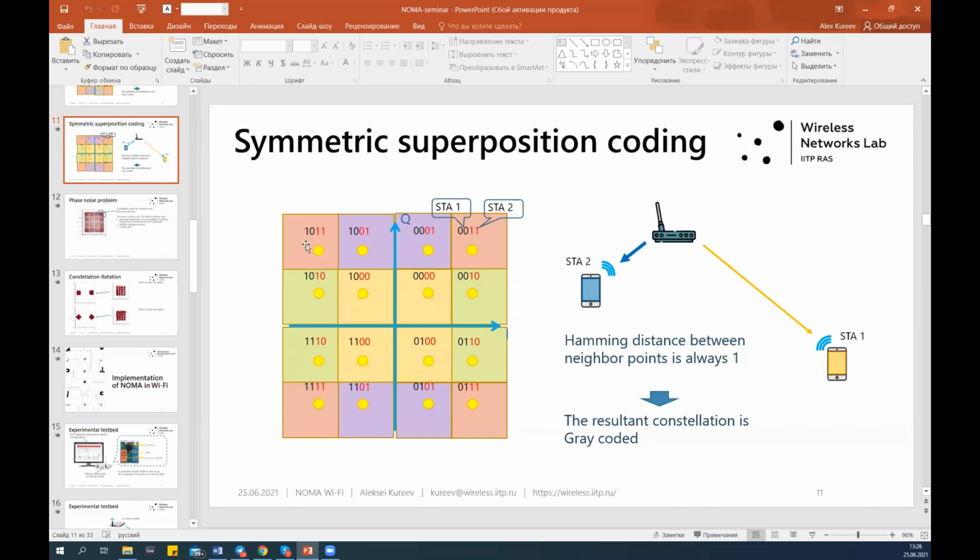Parallel constellation demapping works in the same way, but the idea is to construct this general constellation and have a general view of it. So the NOMA receiver with parallel constellation demapping detects the whole points at the same time. For example, it detects this point, and understands that it corresponds to a sequence of 4 bits, where the first half corresponds to the primary frame, and the second part corresponds to the secondary frame.